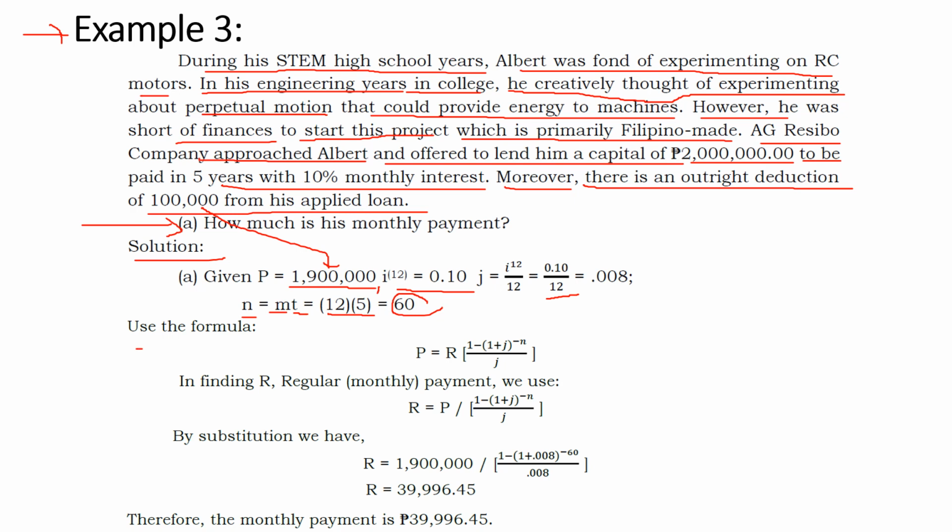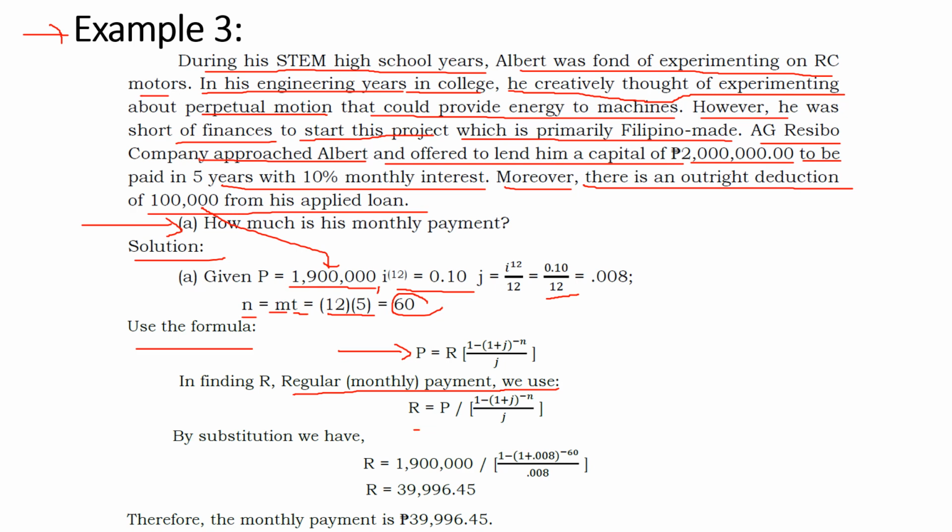Now for the formula designed to find the periodic payment, that will be P is equal to R multiplied by (1 minus (1 plus j) raised to negative n) over j. So there's a value for R, j, and n. In finding R, the regular payment, we just simply manipulate the given formula.